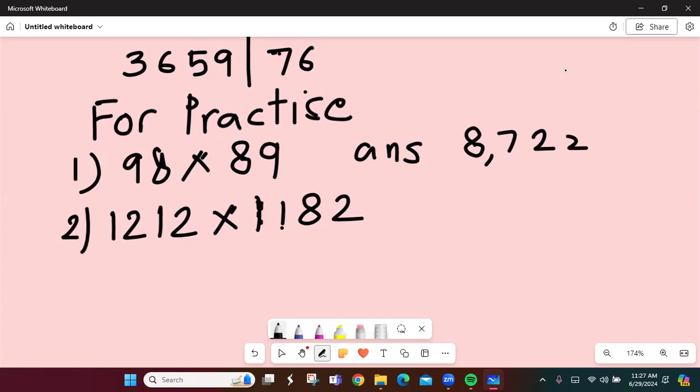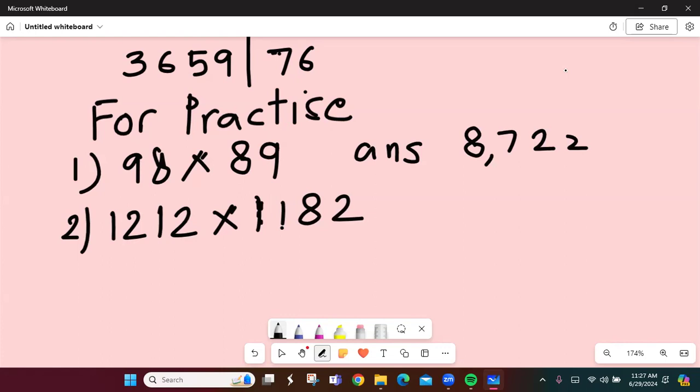So come one power down. So instead of the standard base as 1000, take it as 100. So obviously, which is the multiple of 100 closer to both these numbers? It's 1200.